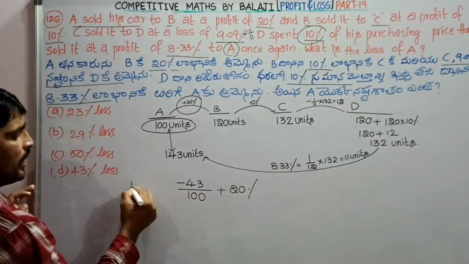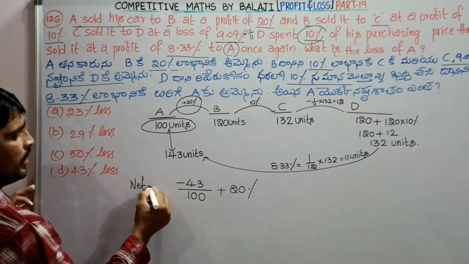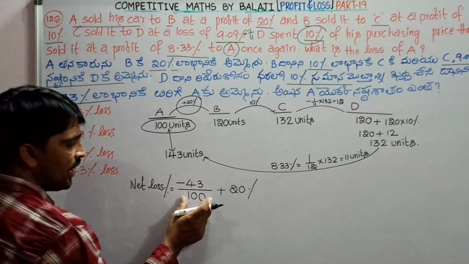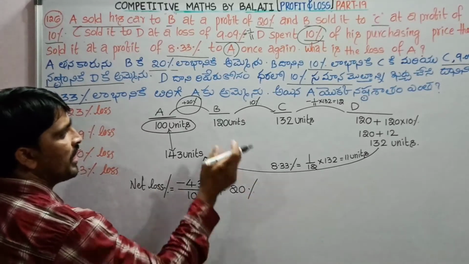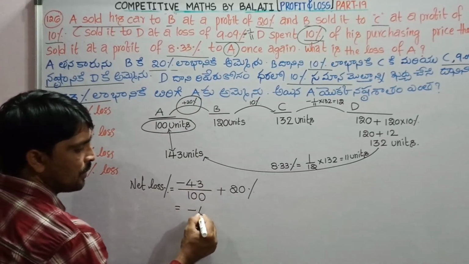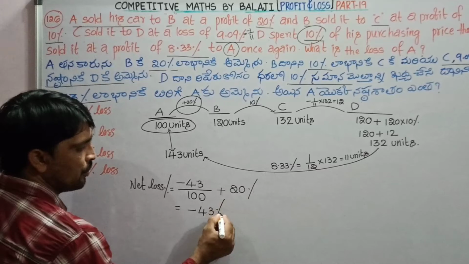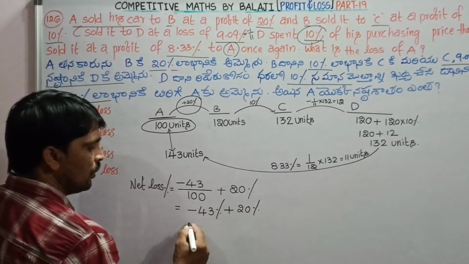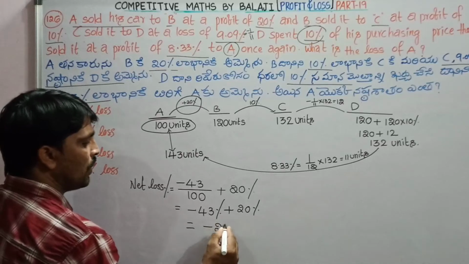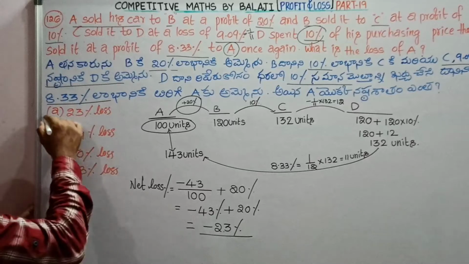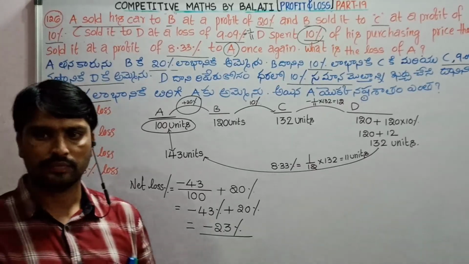So the net loss percentage of A is the actual loss plus the profit gained in the first case. That is 43 over 100, 43%. Since it is a loss, we denote it by negative 43, plus 20% profit. So the net loss is minus 23%. So the answer is A.